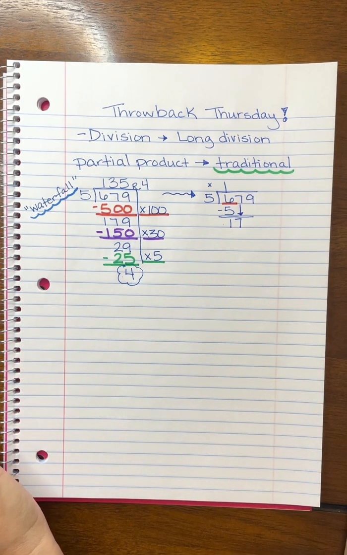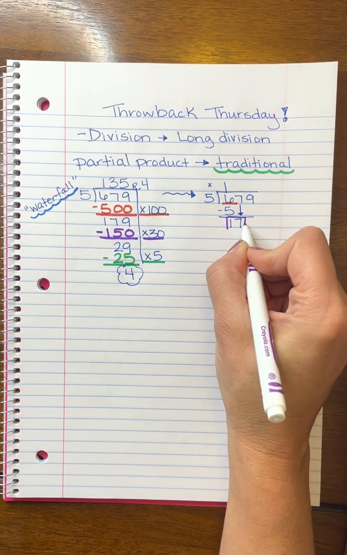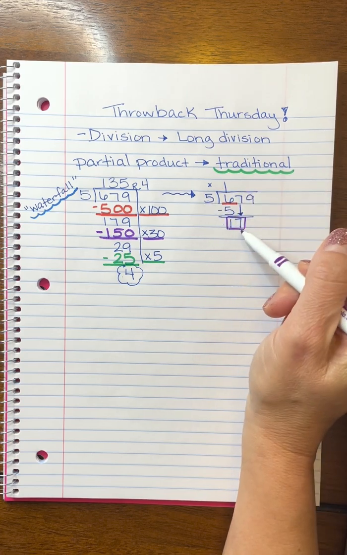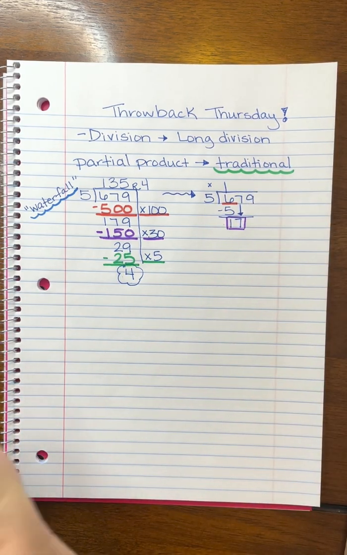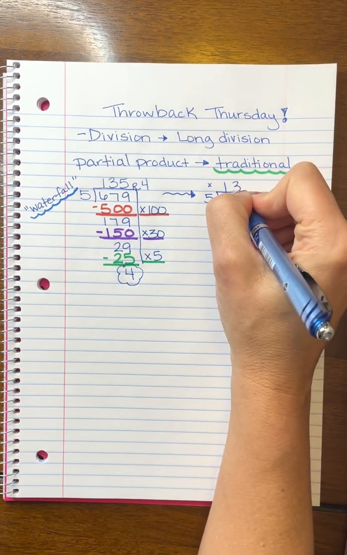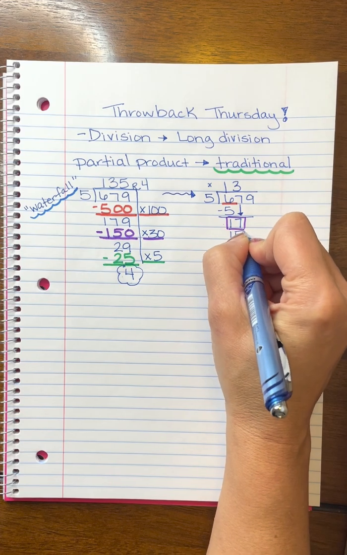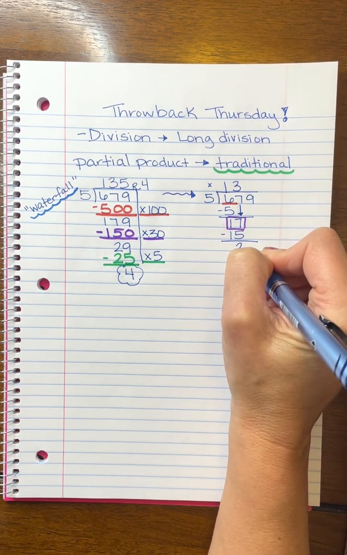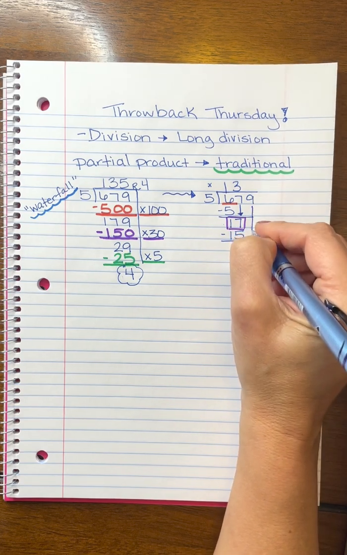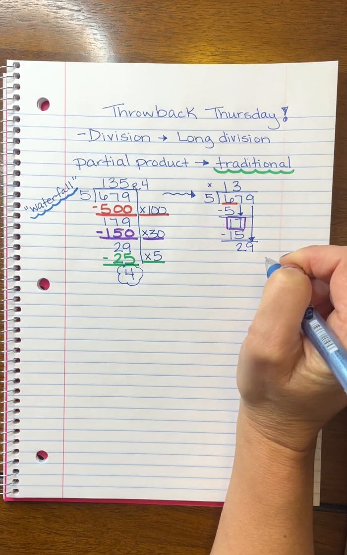So now I have to try and think about 17. Looking at just 17, 5 times what will get me close to 17? Well, I know 3 times 5 is 15. If I subtract that, that gives me 2. I'm going to bring down my next digit, which is 9.